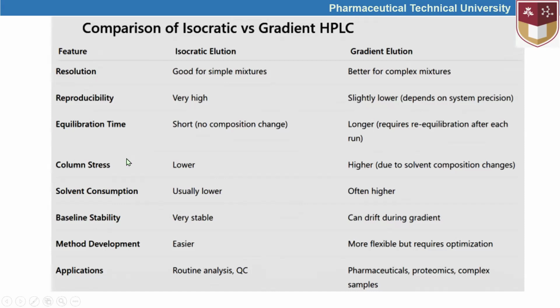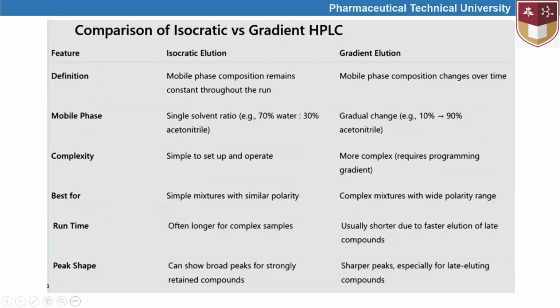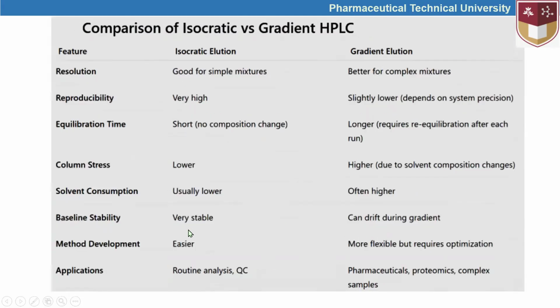And equilibration time is shorter. This is equilibration time, not run time. Run time here is longer, but equilibration time in isocratic is shorter than in the gradient one. We are going to talk about those times later.